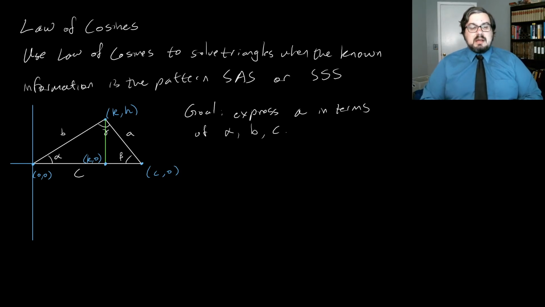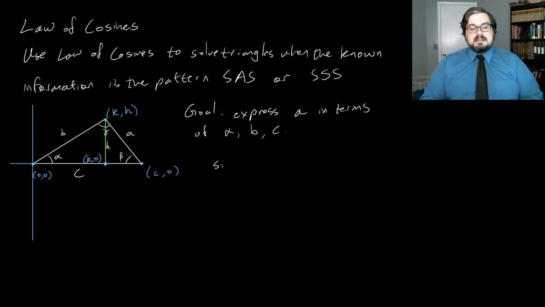So let's look at a few things. I want to combine a few different formulas together. So first of all, I want to look at sine and cosine of alpha. And I'm going to do that by looking at the right triangle with alpha as one of the angles and with the green segment as its opposite side. Now the green segment, of course, has length h.